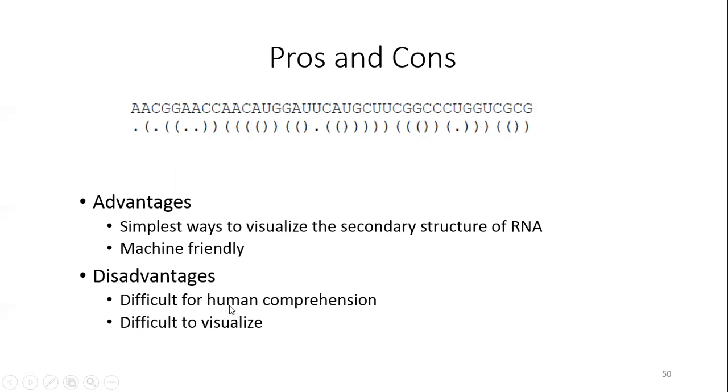You can really get lost about where the corresponding closing bracket is for this particular bracket. Whether it is this or this or this or this, it becomes kind of fuzzy. So it is difficult for humans to comprehend as well as to visualize, but it is machine friendly. So there are some pros and cons associated with each depiction technique.